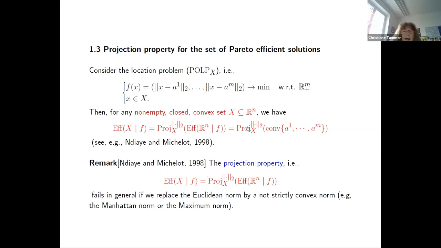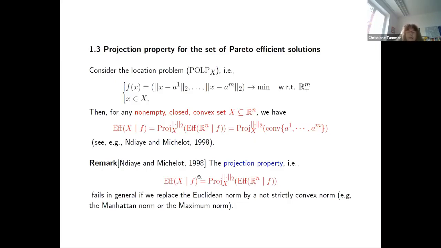However, here are some strong assumptions: convexity of X, and this projection property is only true for the Euclidean norm in the formulation of the location problem, but not for other more general norms, especially for the Manhattan norm or the maximum norm. This result is not true.